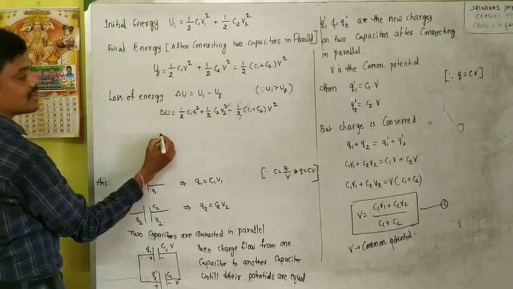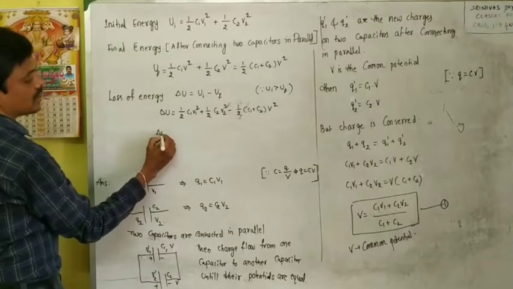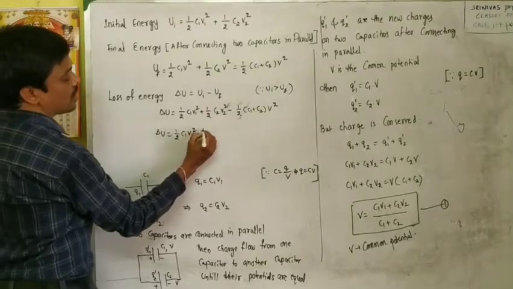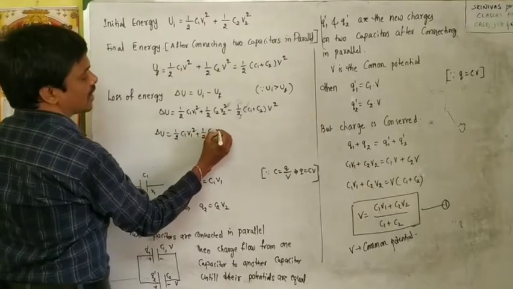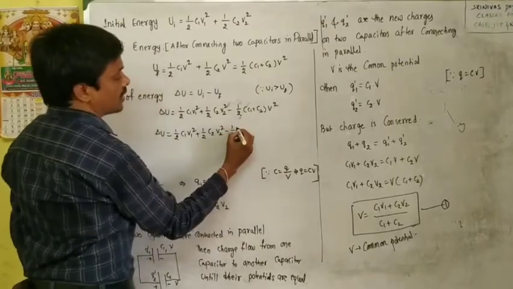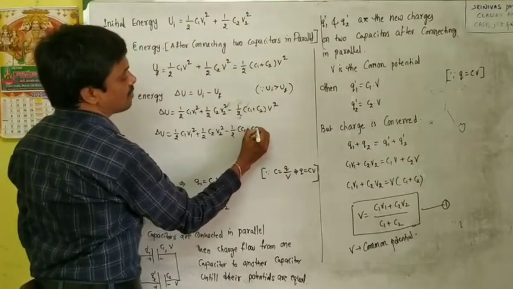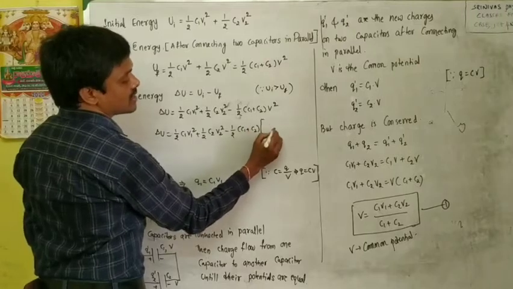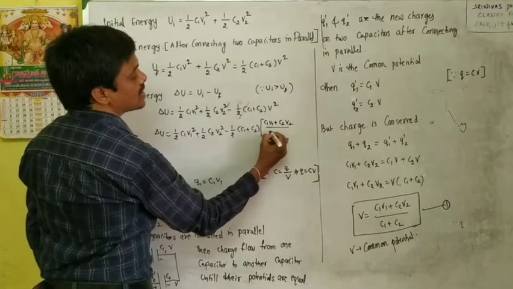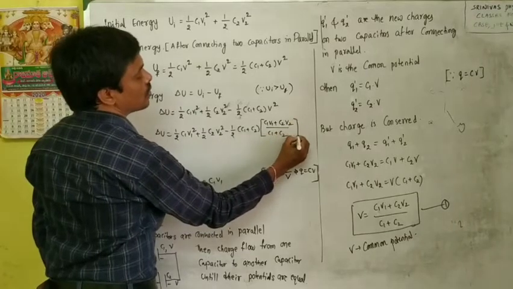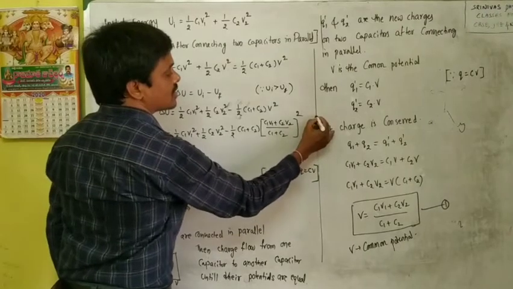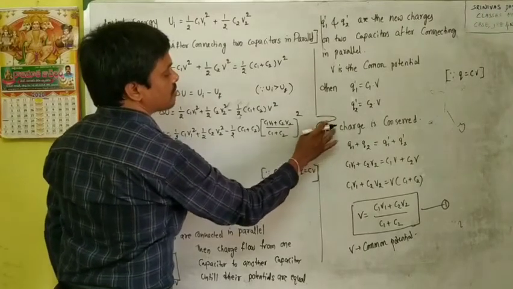Now, how do we simplify this? Before simplifying, we write the formula for the common potential V that we derived in equation 1. From equation 1, V is C1 V1 plus C2 V2 by C1 plus C2, whole square.